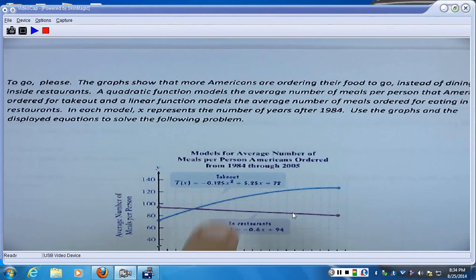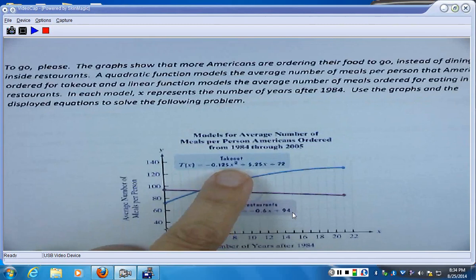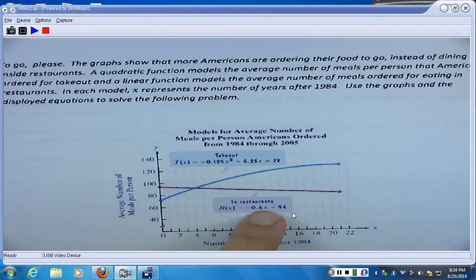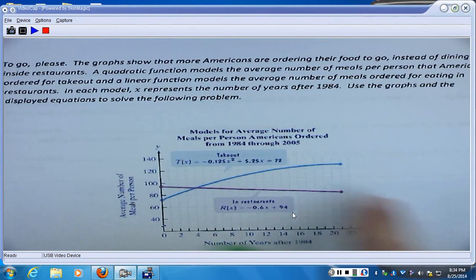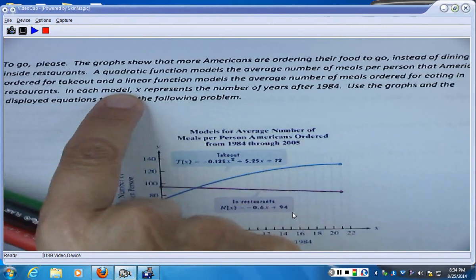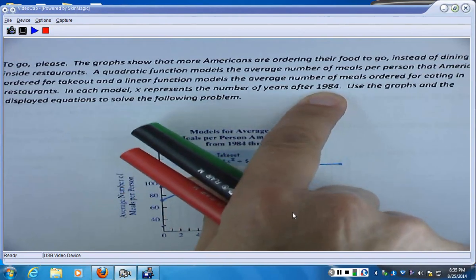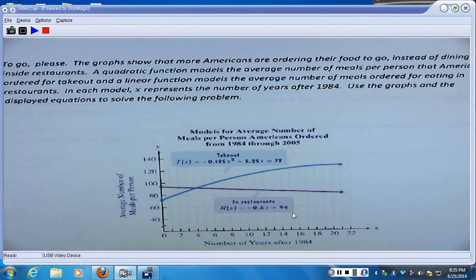Any function that has x squared as its highest power, we call a quadratic function. Any function that just has an x as its highest power is a linear function, a straight line. In each model, x represents the number of years after 1984.